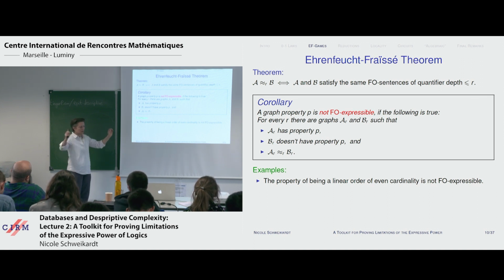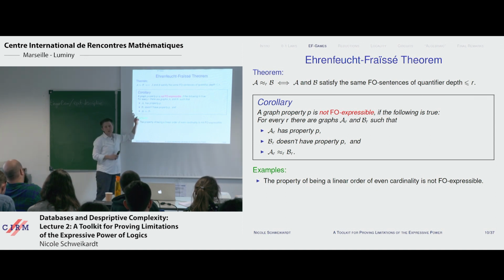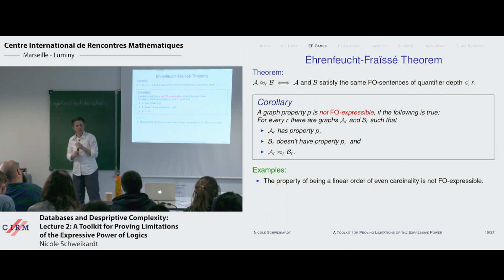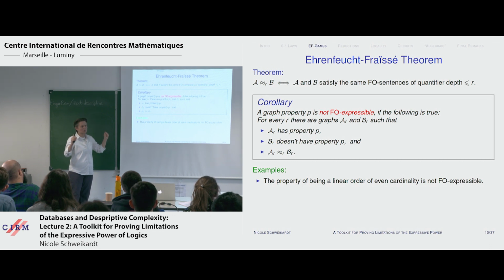As long as they are sufficiently long so that in R rounds you can't spot the difference, you can have a winning strategy. Writing down this winning strategy is a bit of work, but it's a nice exercise. The length of the 2 linear orders needs to be bigger than 2 to the R if you want to survive R rounds as duplicator.